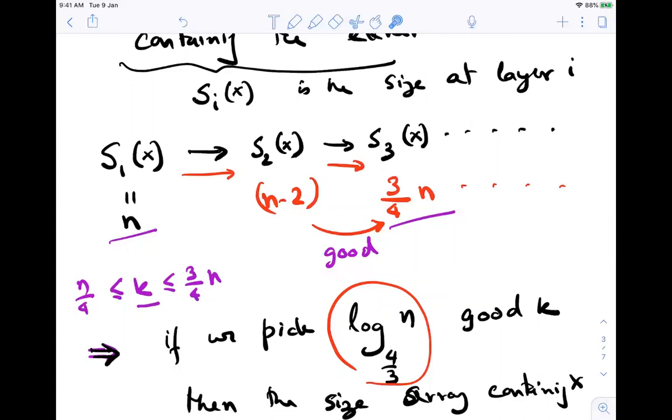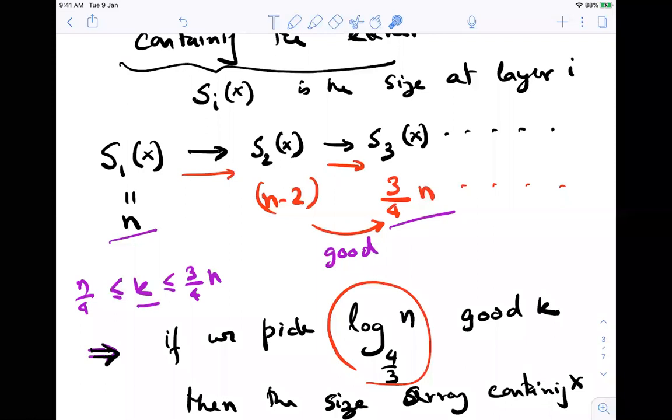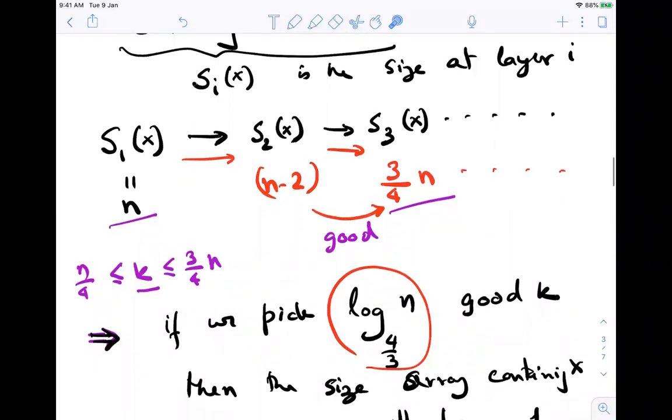Okay. So what you can quickly prove is that if I end up picking log n base 4 by 3 good pivots, then the size of the array containing x will go down by a fraction of at least 3/4 every time, maybe even more.